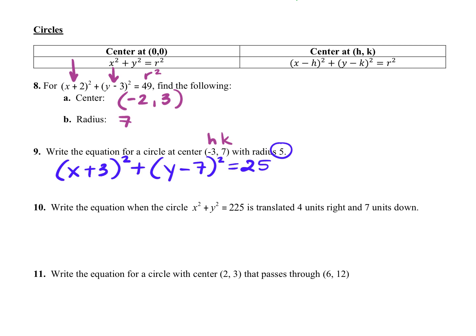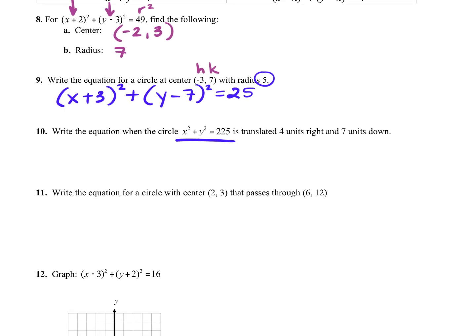Okay, what is the center of this circle? 0, 0. So if you're at 0, 0, and you go 4 units right and 7 units down, what point are you at? 4, negative 7.